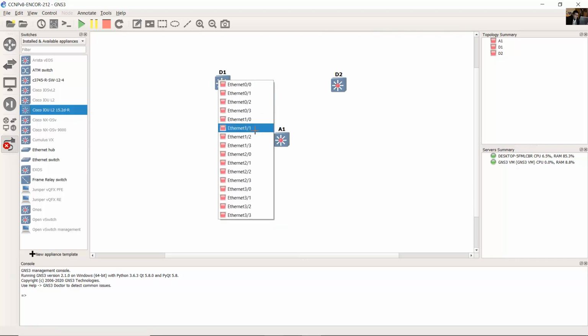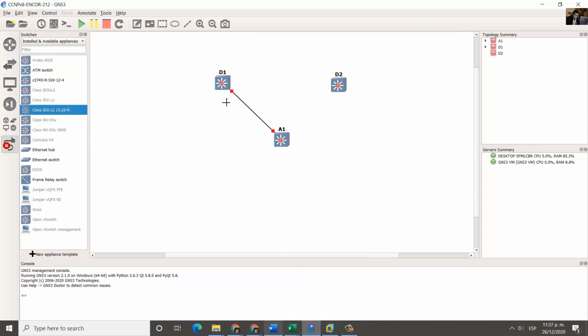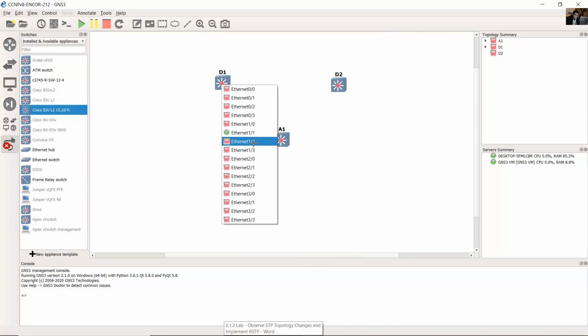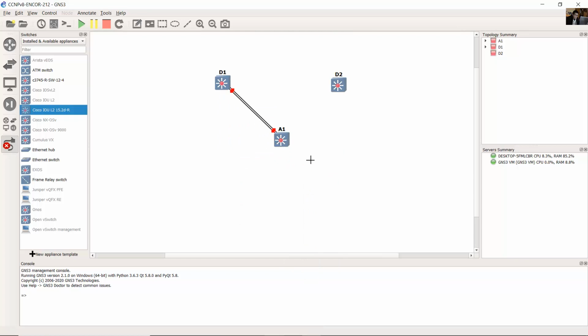I will use Ethernet 1.1 to Ethernet 0.1 and Ethernet 1.2 to Ethernet 0.2.